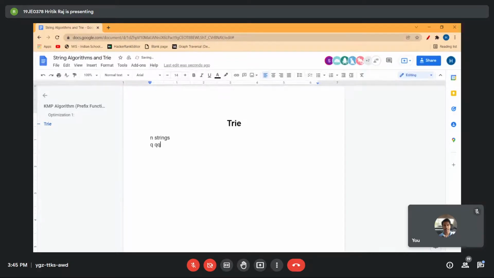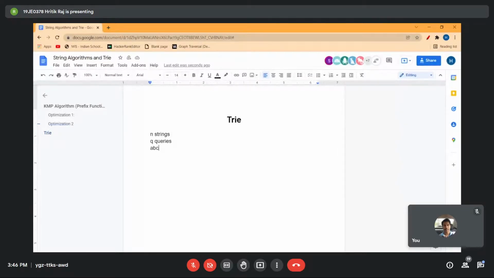Suppose q queries are given, and in each query you are asked whether the prefix of that string is present in the given array or not. Like suppose in one of the queries, ABC is given, then you have to find whether ABC is a prefix of any of these strings or not.